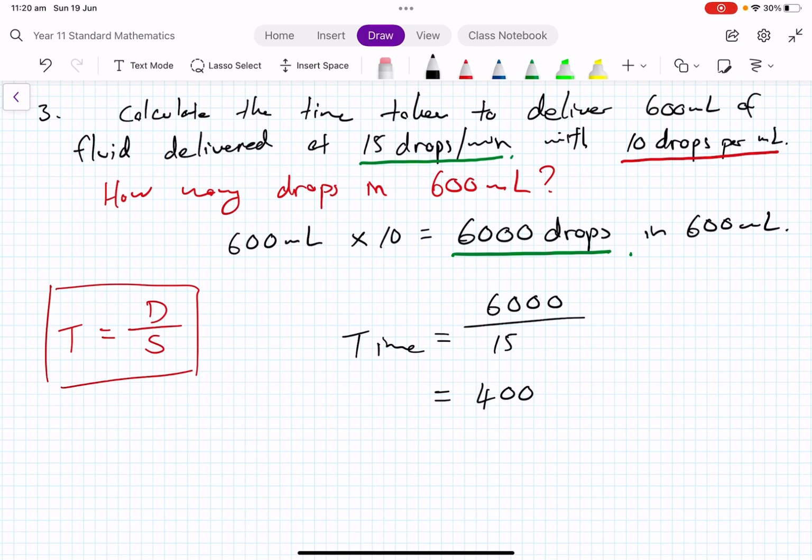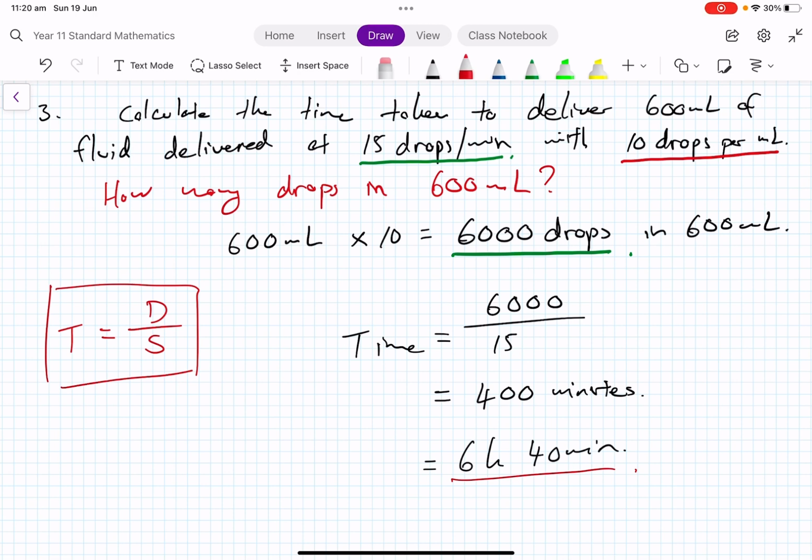I'm having a brain snap at the moment. 400 minutes is what we have. Divided by 60, that's 6 hours, and 6 times 60 is 360, so 40 minutes. 6 hours and 40 minutes to deliver 600 mils.